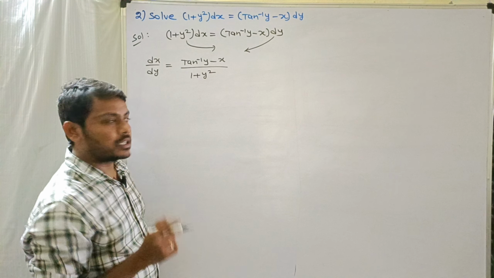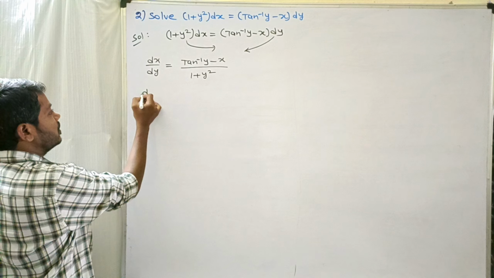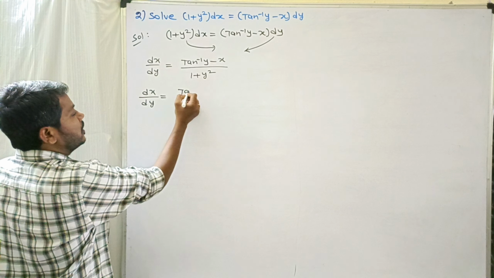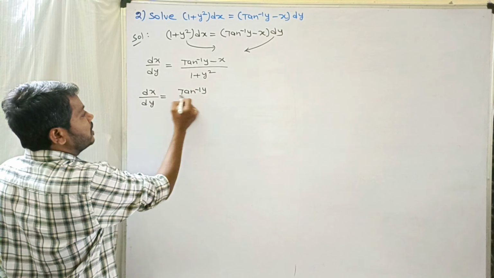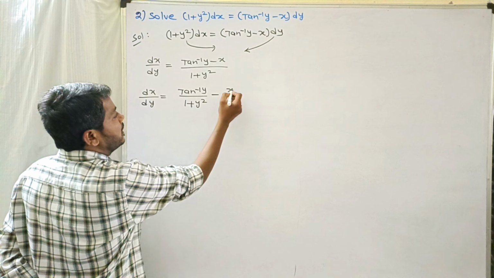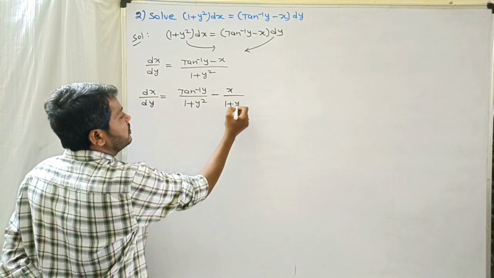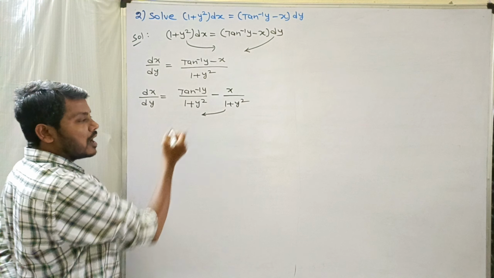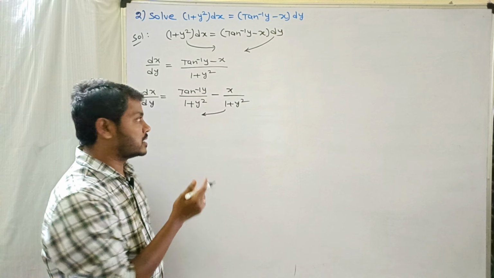Now we can separate the terms. That is dx/dy equals tan⁻¹y/(1 + y²) minus x/(1 + y²). Here we can send this term to the left hand side, and it becomes plus.